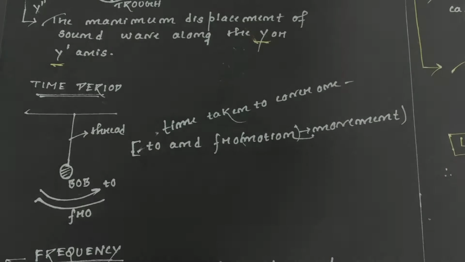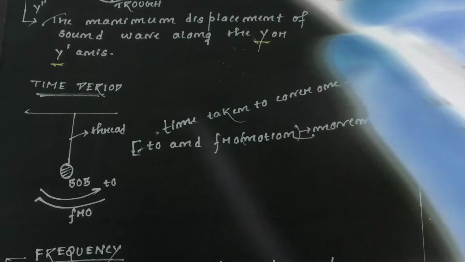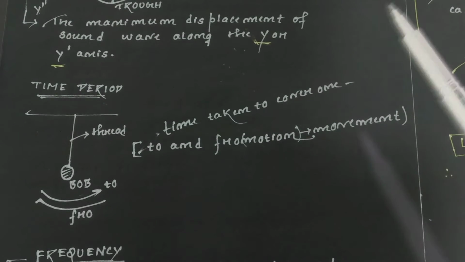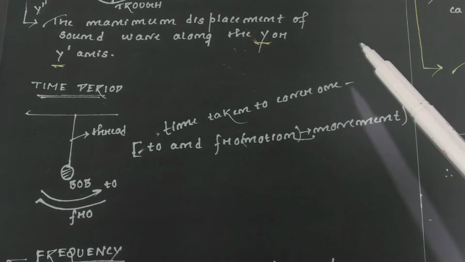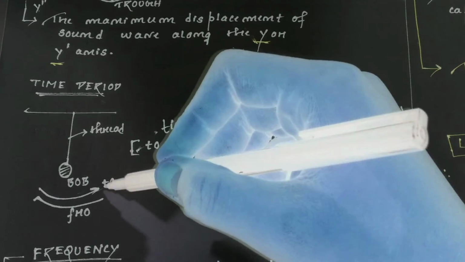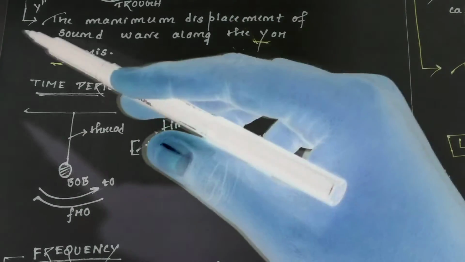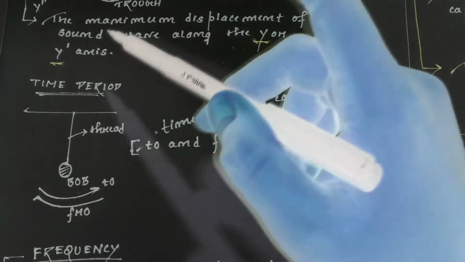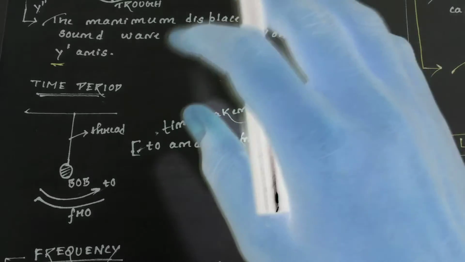As you can see, I have written on this side that the time taken to cover one to and fro movement is called time period. So the pendulum moves one time to, one time fro. So the time taken to complete one to and fro movement will be called the time period.